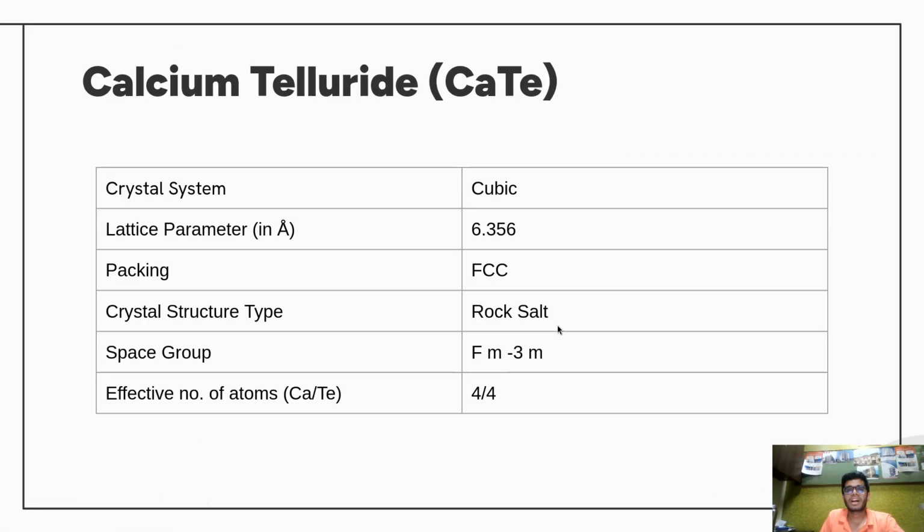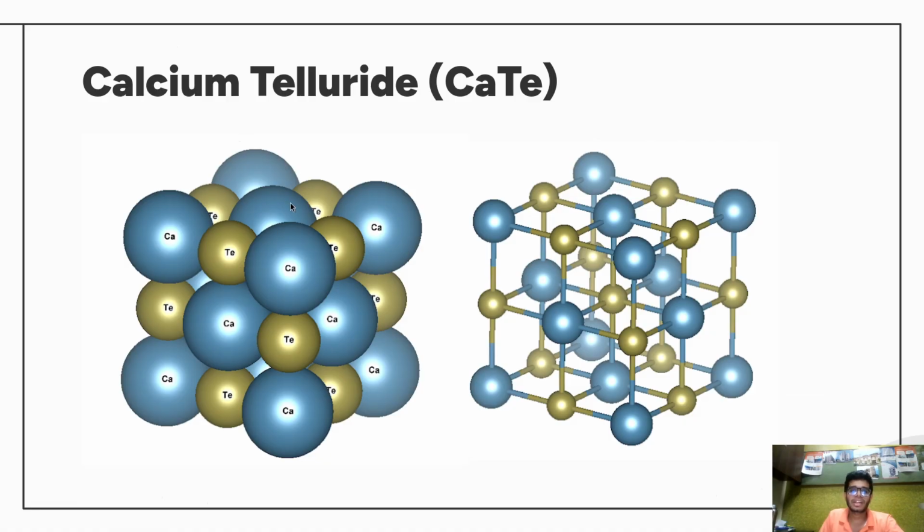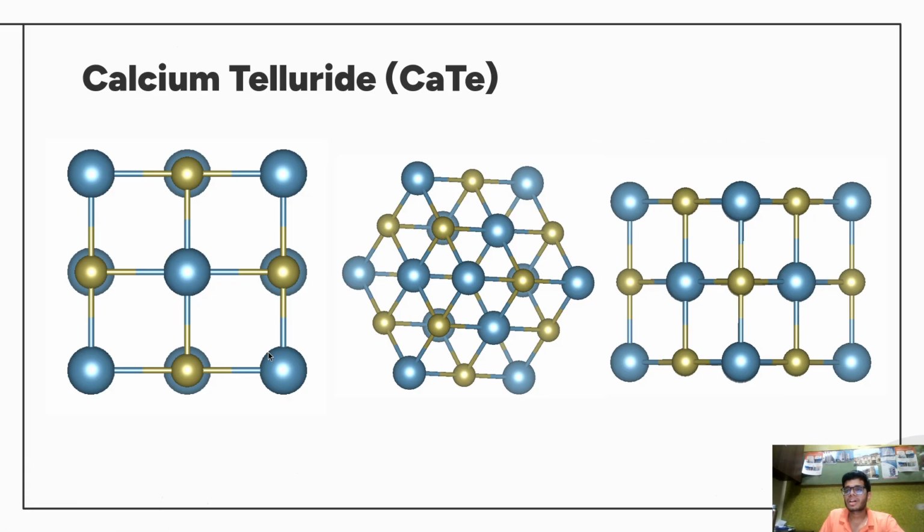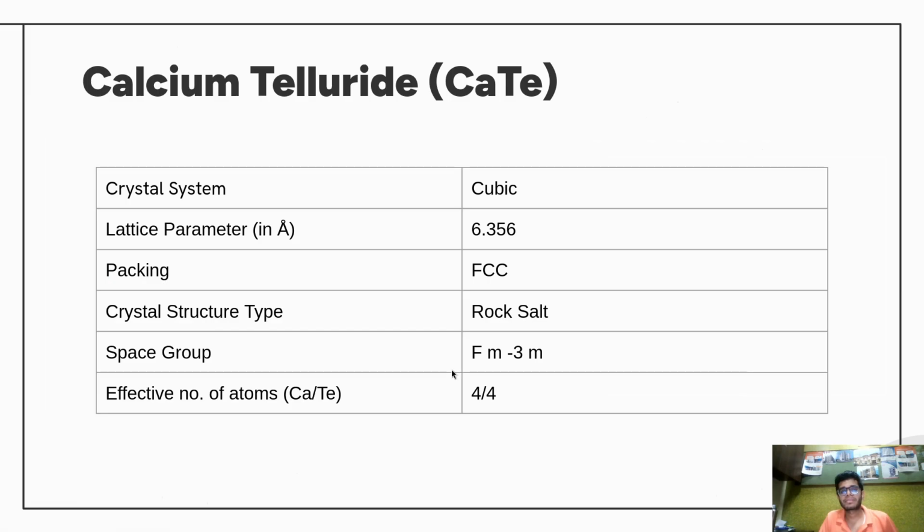And along this 100 plane, if we view the crystal, again we can imagine a mirror plane cutting this unit cell into two symmetric parts. So that gives it the m3̄m point group, and which gives it the space group of Fm3̄m.